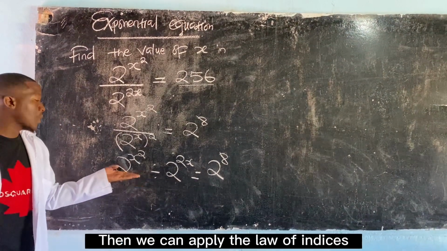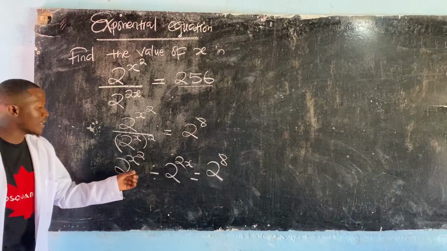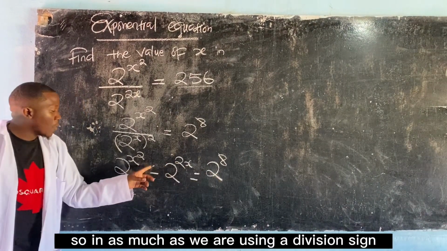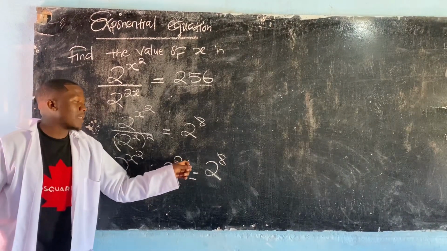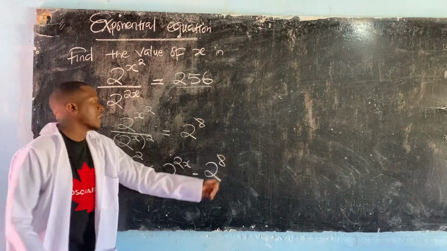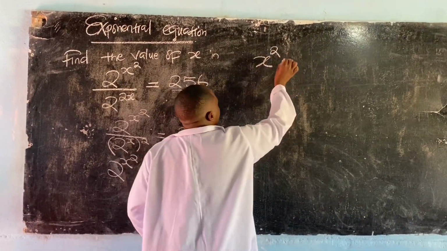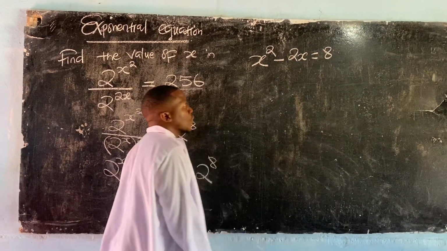Since the base is the same, and we are using a division sign, we subtract the powers and equate to 8. Hence, this becomes x squared minus 2x equivalent to 8.